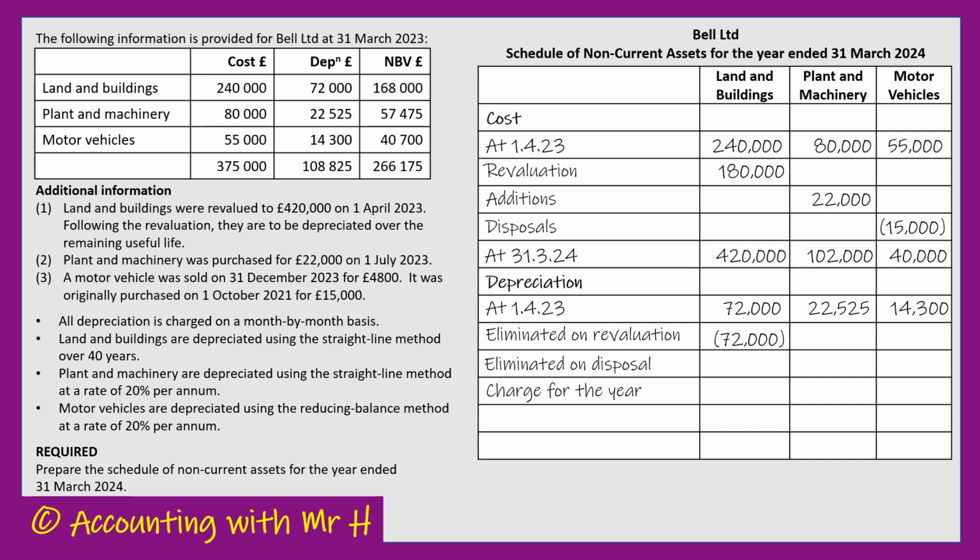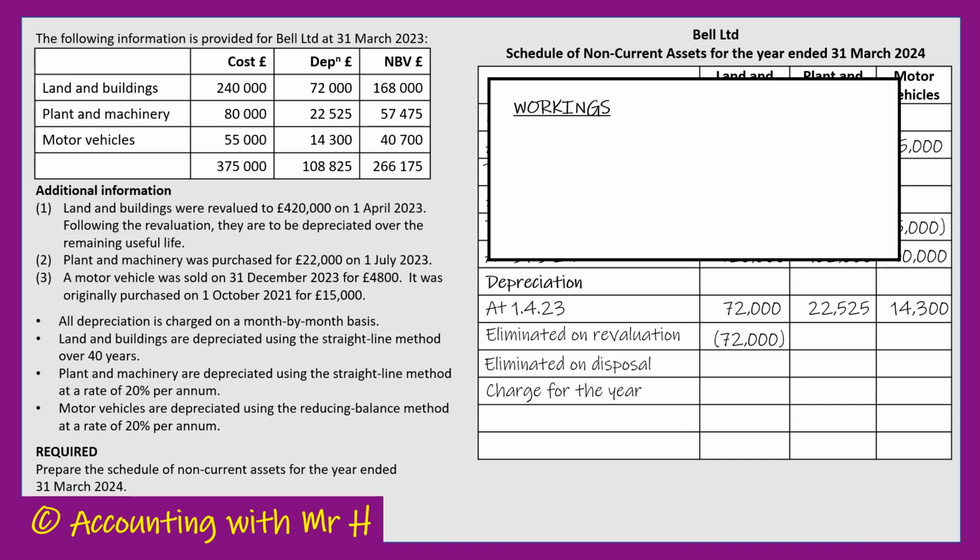Now I need to start working out the charge for the year on land and buildings. So let me get a working box, there we go. So if I read over on the left hand side, it says all depreciation is charged on a month-by-month basis. The land and buildings are depreciated using the straight line method over 40 years. So the first thing I've got to consider is, well, when did they buy these land and buildings in the first place?